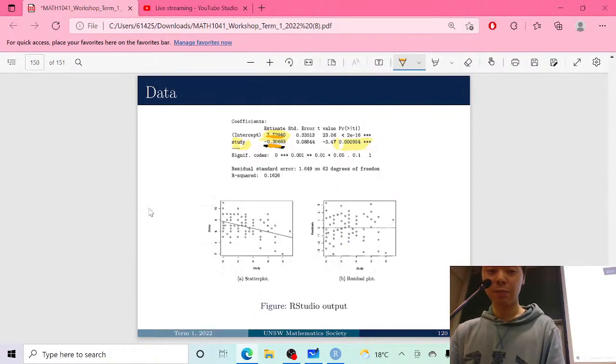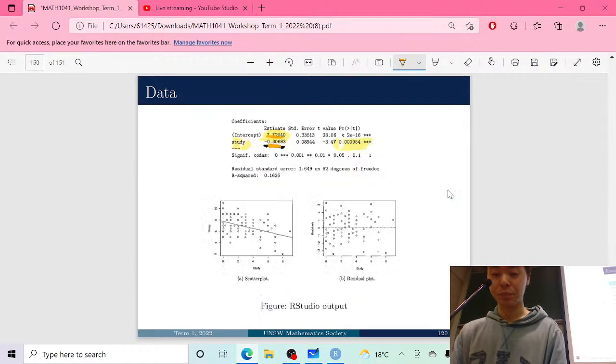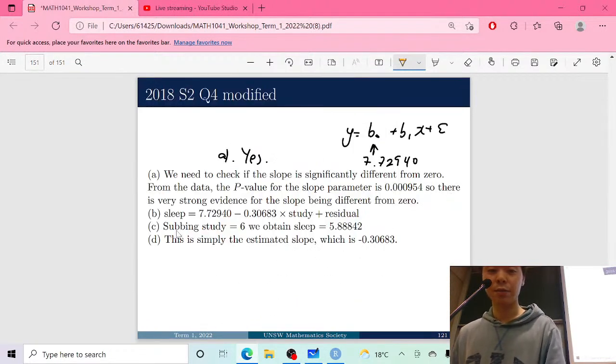Okay? Once we have that, we can estimate the mean sleep if study is equal to 6 hours, and then we can also figure out part D as well. So we want to look at what happens if study was equal to 6. Remember that study is our x value here, so it's the parameter that we're going to change.